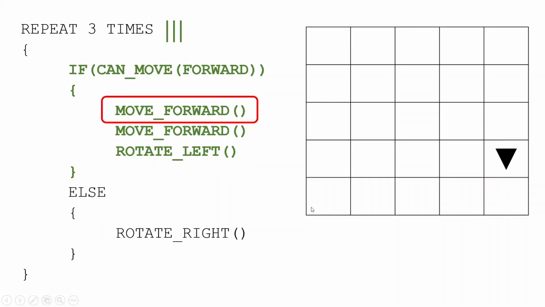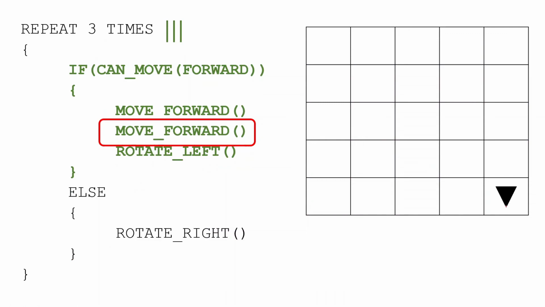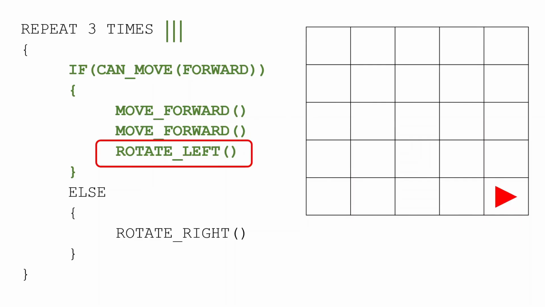So you'll see move forward, and then rotate to the left. Make sure I don't misspeak again. Rotate to the left. Which direction am I going to go? Counterclockwise. So I'm going to end up right here. That's 3 times through the loop, and that's where the robot ends up.